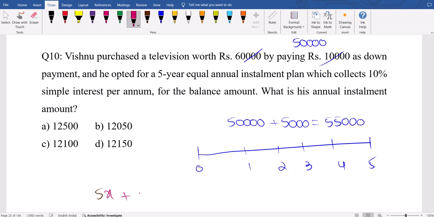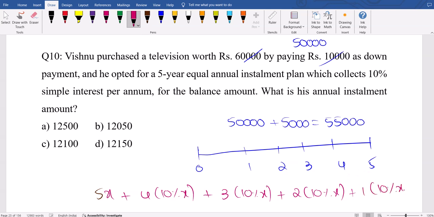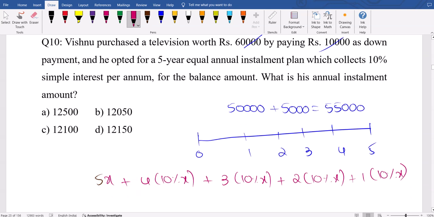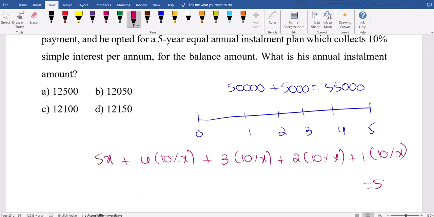They can give 10% interest for that: 4 into 10% of X. This is simple interest. Plus second year one is with them for 3 years: 3 into 10% of X. Third year one is with them for 2 years: 2 into 10% of X. Fourth year one is with them for 1 year: 1 into 10% of X. Fifth year, nothing. So all this together should be equal to 55,000.